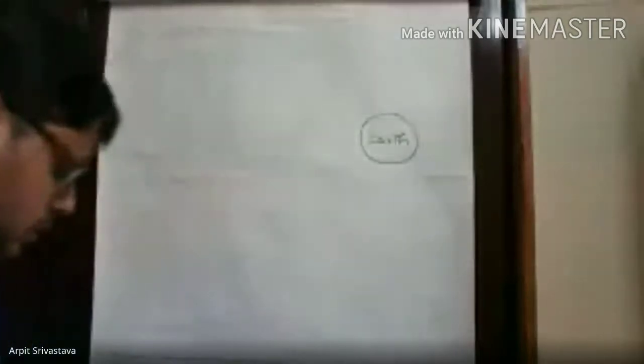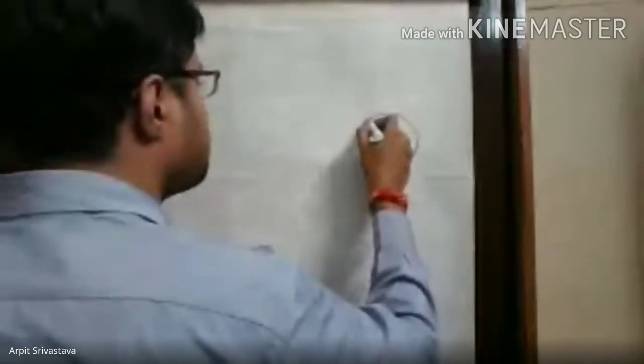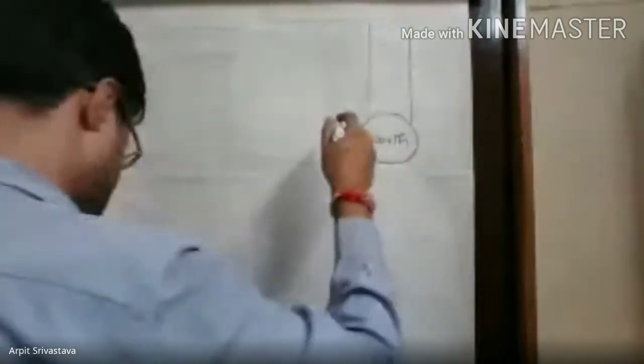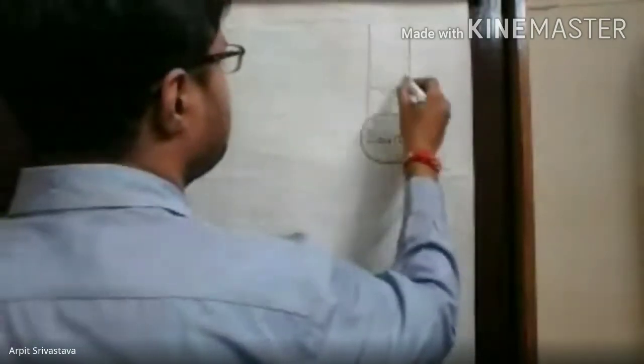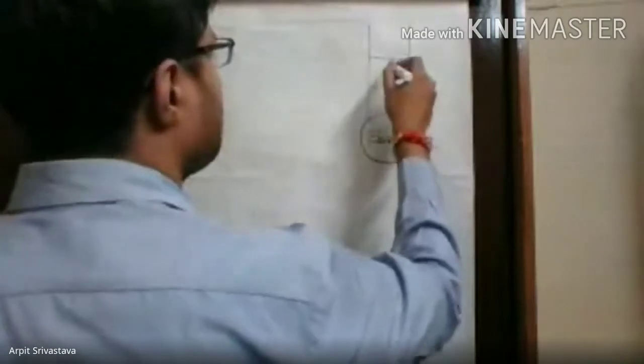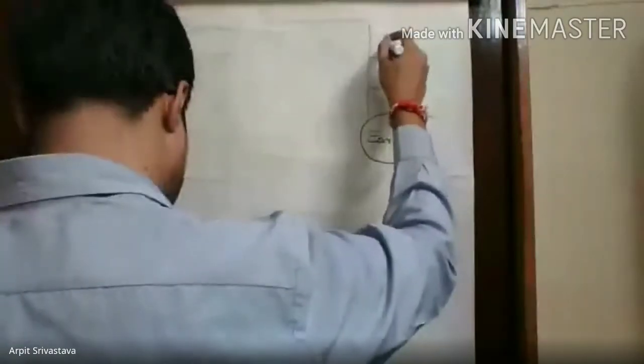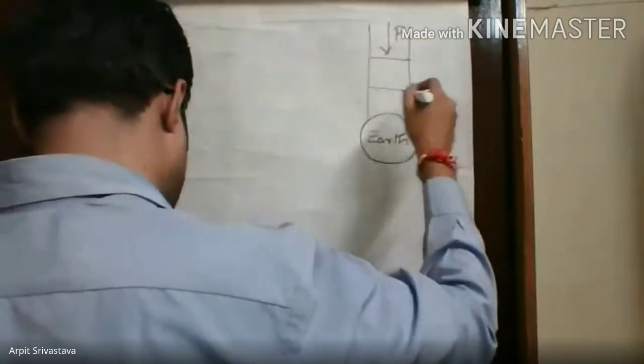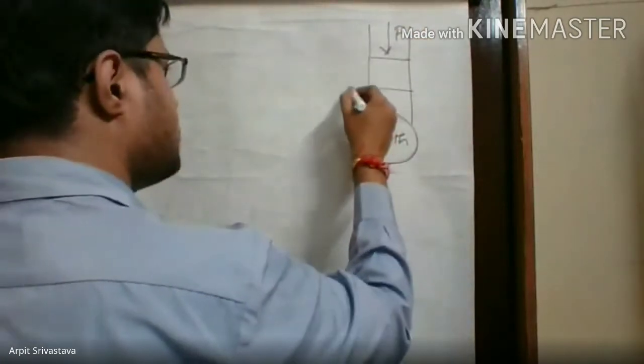Okay, so I am drawing these atmosphere layers. Okay, so suppose here this is the pressure P, atmospheric pressure. Okay, and this is the density.